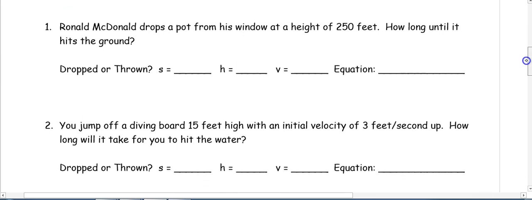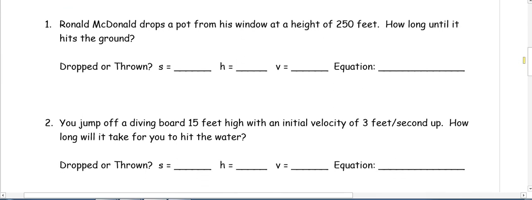So let's look at a couple of different examples. Number one, Ronald McDonald drops a pot from his window at a height of 250 feet. How long until it hits the ground? So first thing we have to decide is if this was a throw or drop equation. We see the word drops, so we know this is a drop equation, which means that we're not going to have a velocity, so we're just going to leave that blank.